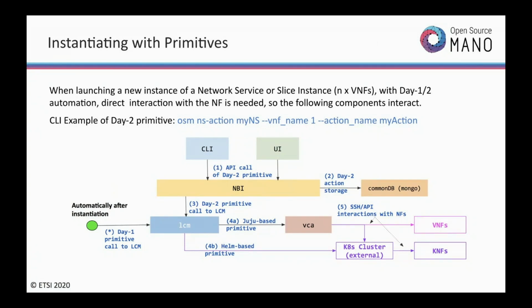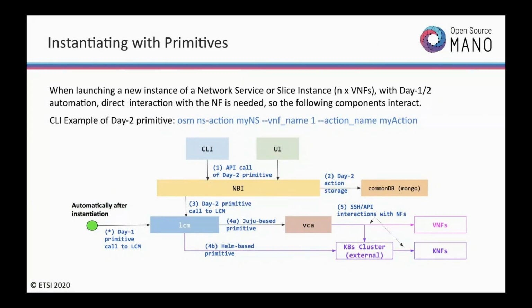So we have day 1 primitives or day 2. Day 1, they run automated after instantiation. So aligning to the NFV vision, we are not looking only to orchestrate instances and that's it. We want to orchestrate the instantiation of these functions, and then we want to configure them so that they are ready to provide the services that our operators need them to provide, right?